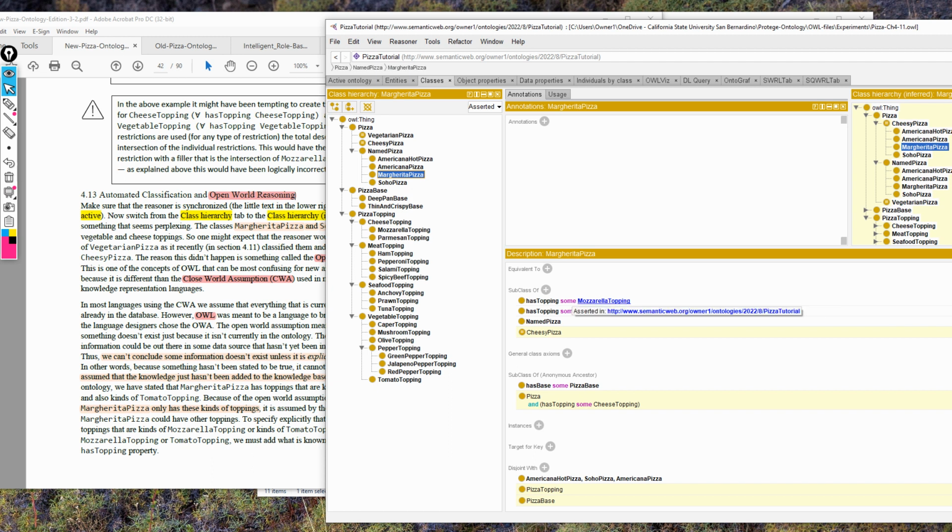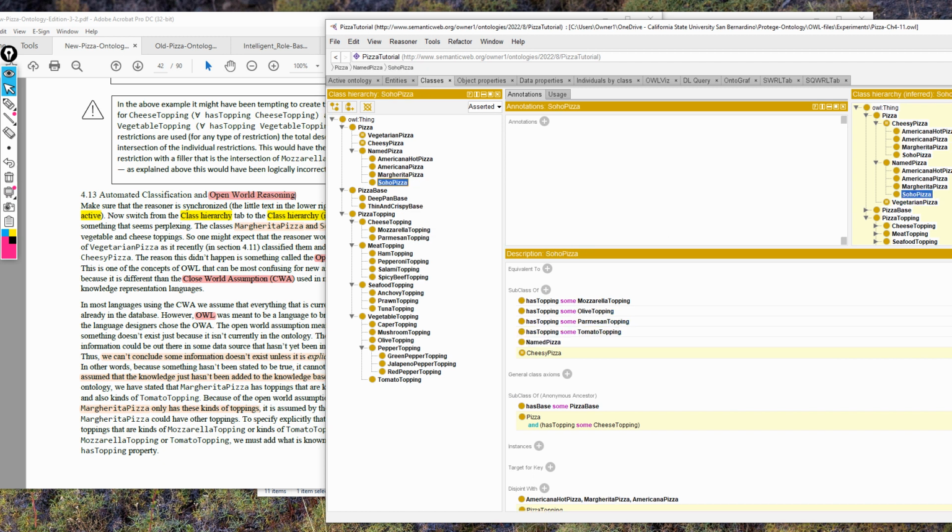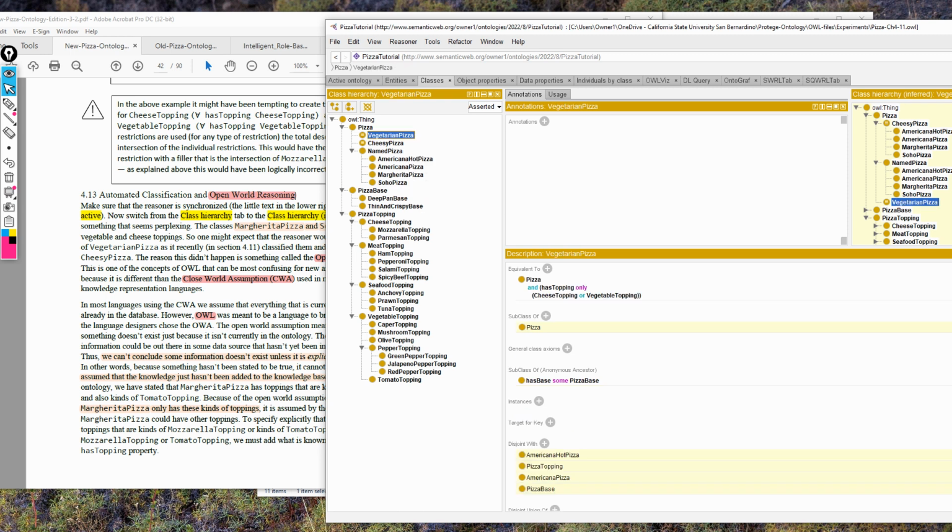It has cheese topping and vegetable topping. And the Soho pizza has mozzarella, which is cheese topping, olive, which is vegetable topping, and Parmesan, which is cheese topping. So it seems that the Margherita and Soho pizzas should be vegetarian pizzas, according to the definition.